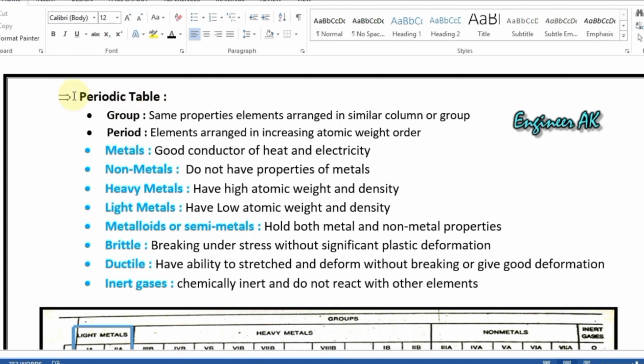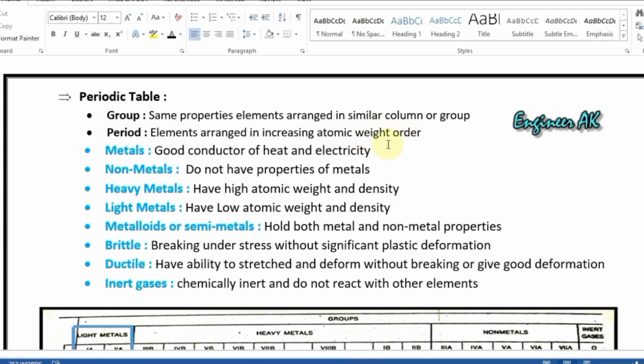Okay, so this is the last topic of today's lecture, the periodic table. You all know what the periodic table is, but there are some new terminologies that you should know, right? So in the periodic table we have groups. What are groups? Elements that possess the same properties are arranged in a column or group, right?